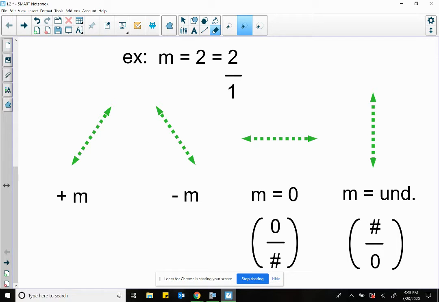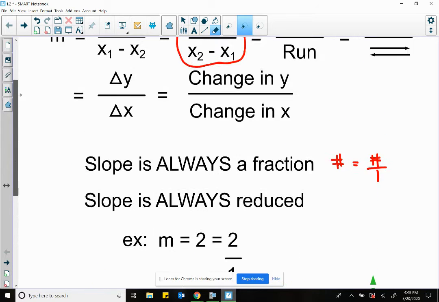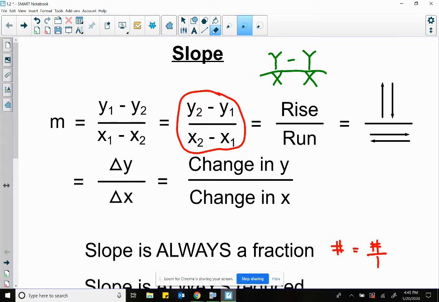Okay, so we're going to be looking at slope more in depth. This is just a nice little review of things that you should know. Okay, so the big one in this section 1.2 is they want you to be able to find slope. And you've got to be able to find slope a couple different ways. You got to be able to find slope from a graph. You got to be able to find slope from an equation, which we have already done.